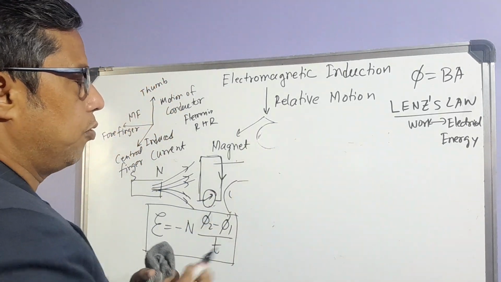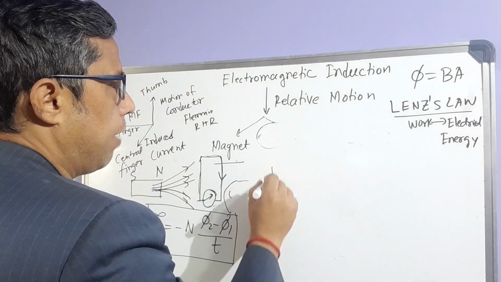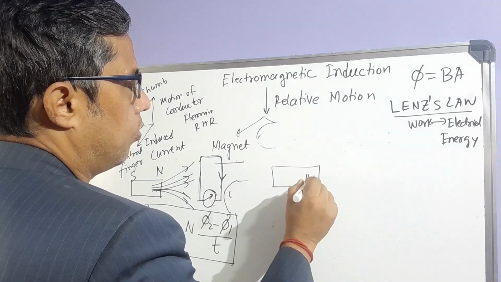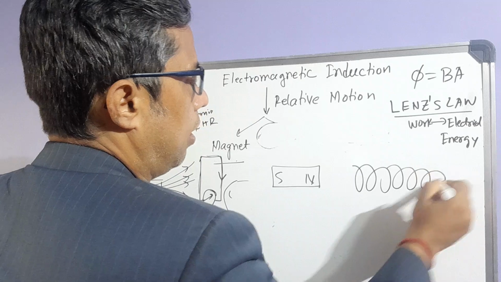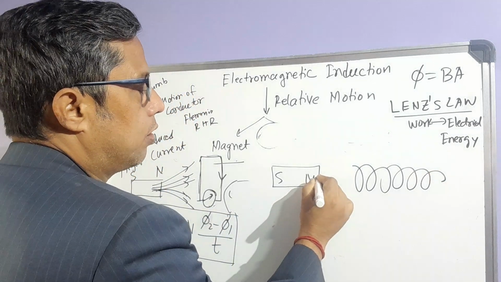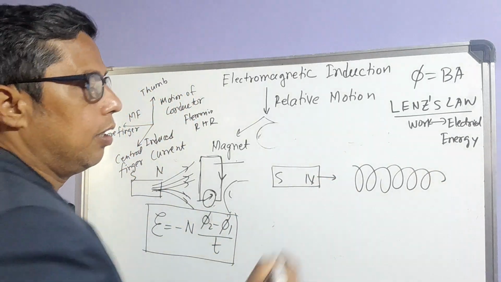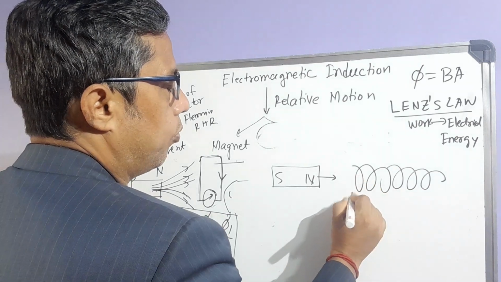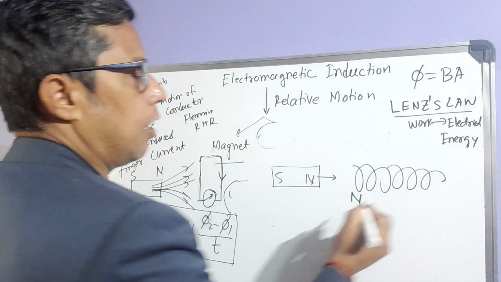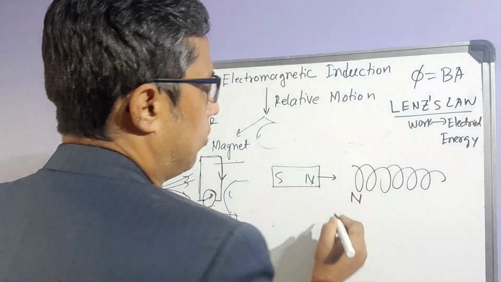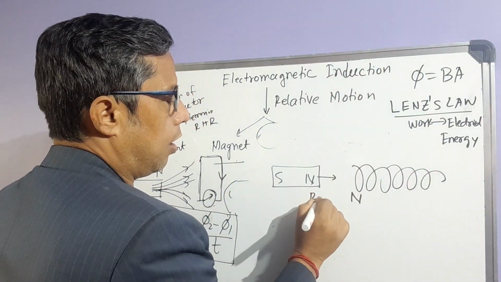Lenz's law. Suppose we have a magnet here, this is the north pole, this is the south pole, and we have a conducting wire coil. If the north pole is approaching toward the coil, here what happens? A north pole will be produced in this temporary magnet, so that there will be a repulsion.